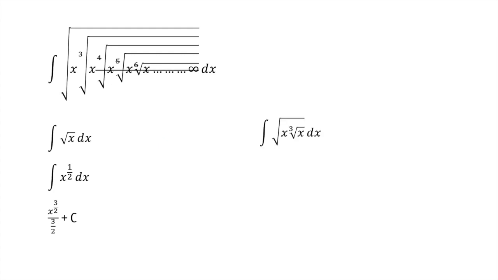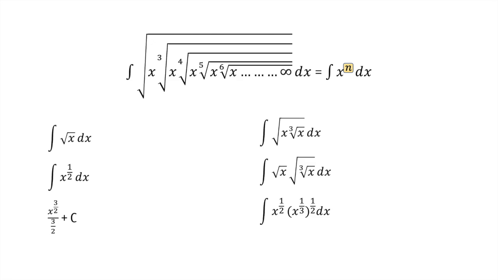Now let's try going one more step further and get rid of the fourth root of x and try to evaluate the integral of square root of x times cube root of x dx. Now let's split this into square root of x times square root of cube root of x dx. Now we can write square root of x as x raised to power 1/2 and square root of cube root of x as x raised to power 1/3 times 1/2 dx.